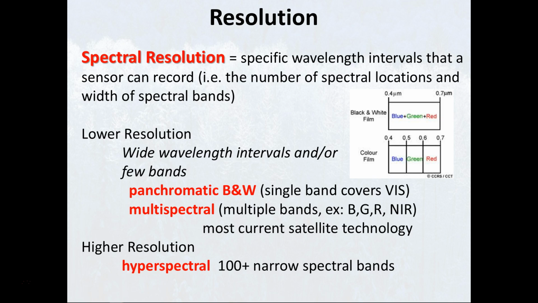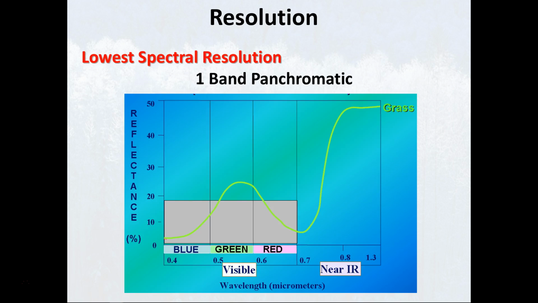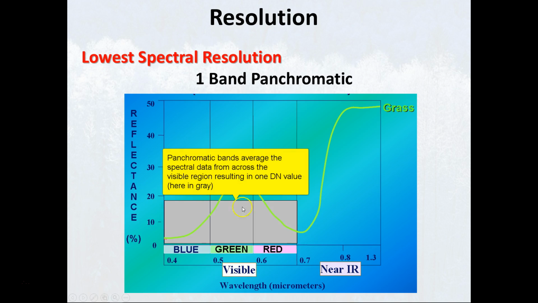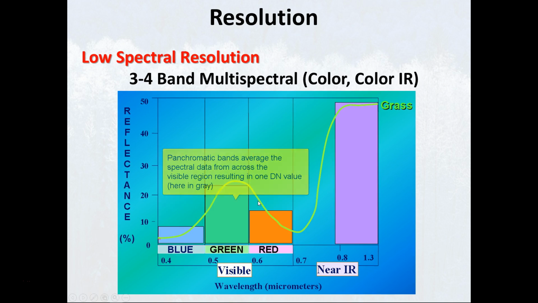And just to highlight this visually, here's a spectral reflectance curve for grass in relation to these different forms of imagery or sensors. One band panchromatic, black and white imagery, so one uniform reflectance over the visible portion for grass.